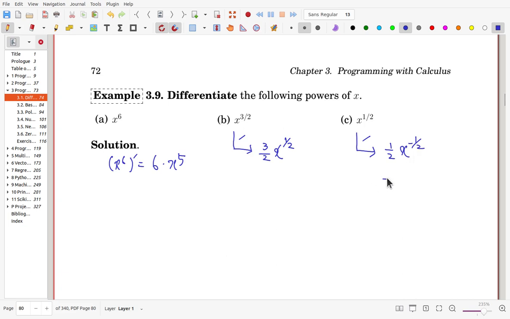Let's try to rewrite this one. x to the minus half is 1 over square root of x, so that we can rewrite this one, 1 over 2 square root of x. Of course, when x is negative, it is not defined. Also the same for this one.